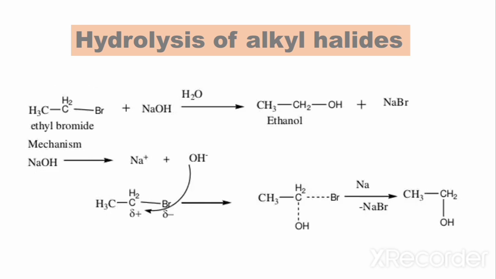Because we take an ethyl group as the alkyl group, our final product also contains two carbons, and that is ethanol, and the sodium bromide.